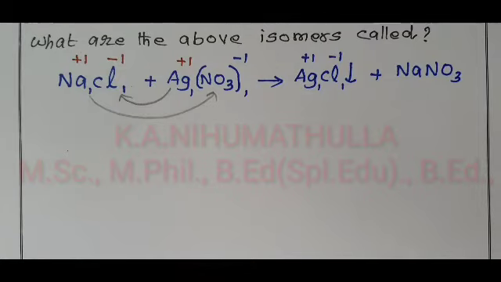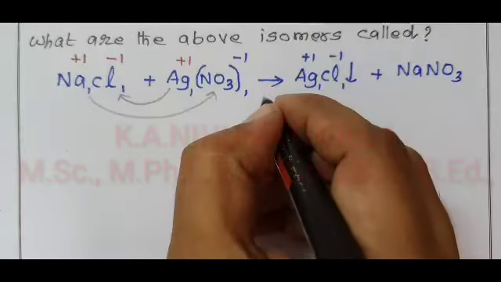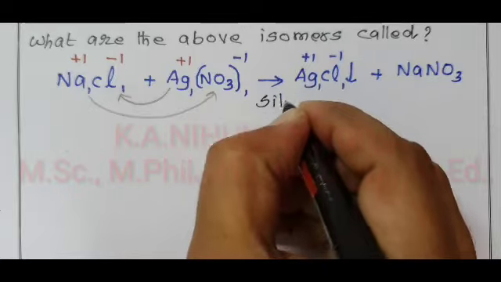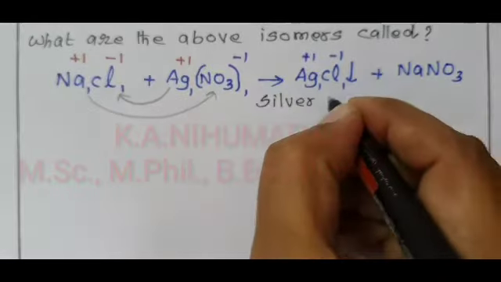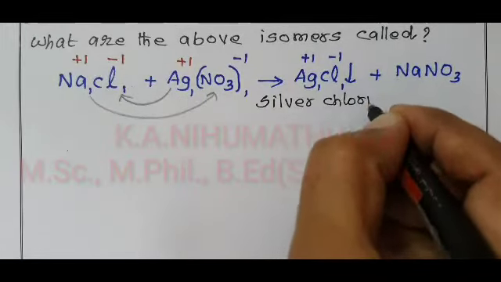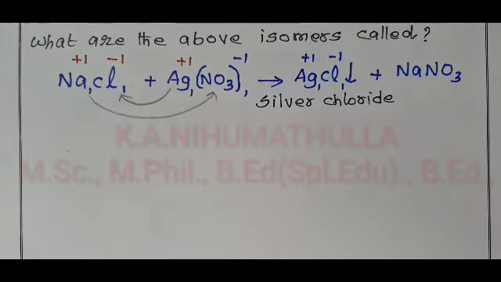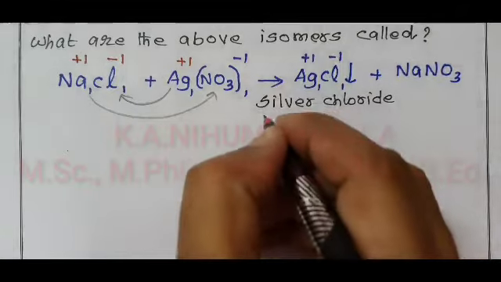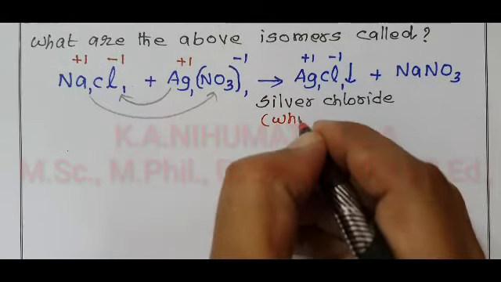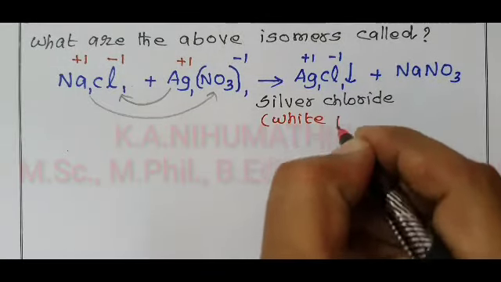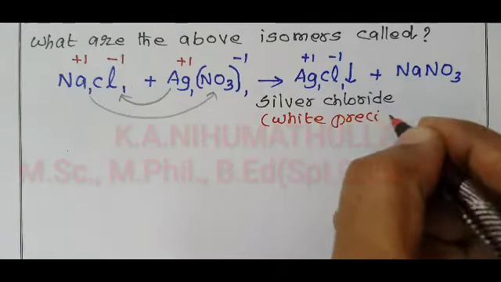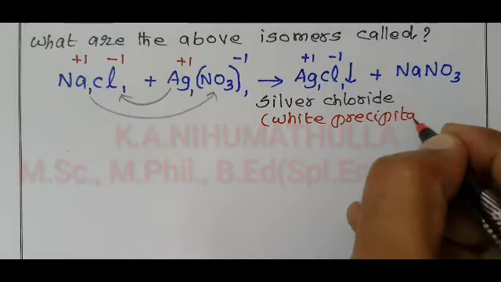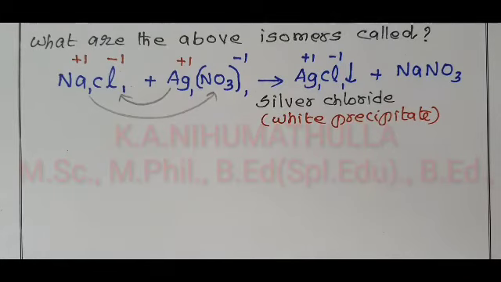The compound formed is silver chloride. The color of this precipitate is white, actually a curdy white precipitate. A chloride salt gives a white precipitate when treated with a silver nitrate solution.